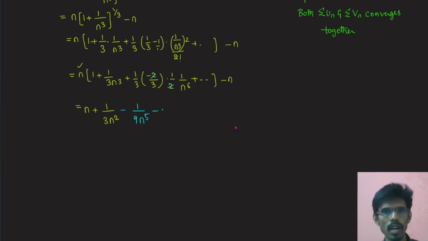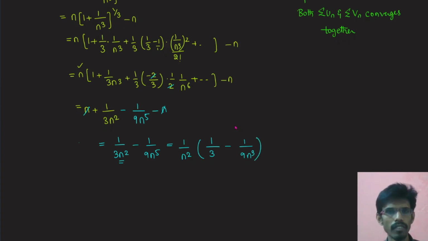At last we have minus n. Now this n and this n will get cancelled, we have 1 by 3n square minus 1 by 9n power 5. Now take common n square from the denominator, we have 1 by n square into 1 by 3 minus 1 by 9n cube.